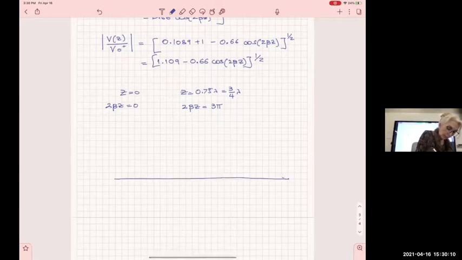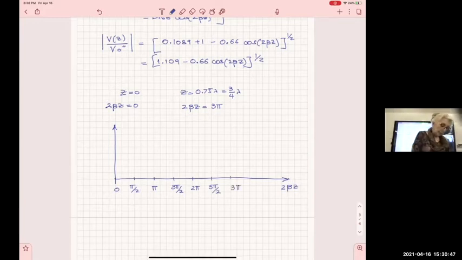So practically, I'm going to take z, and instead of z here, I will put 2 beta z. So I'm going to have 0, pi over 2, pi, 3 pi over 2, 2 pi, 5 pi over 2, 3 pi. All right, so practically, this is the length of my line.